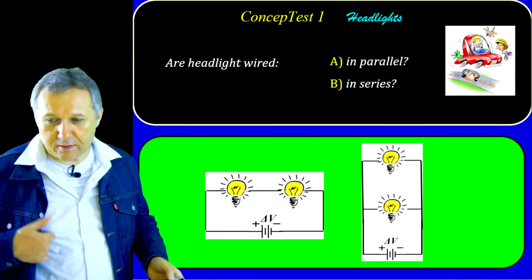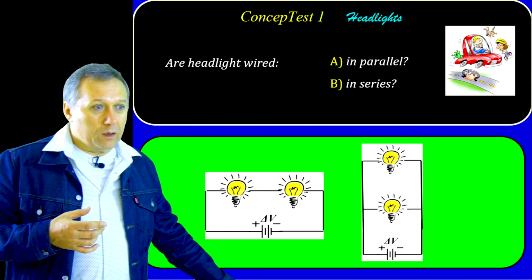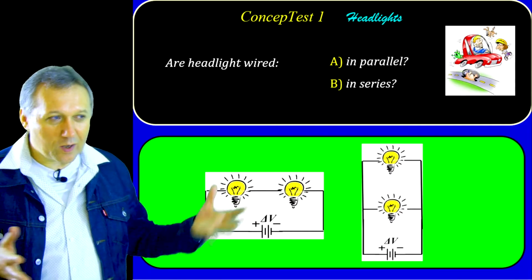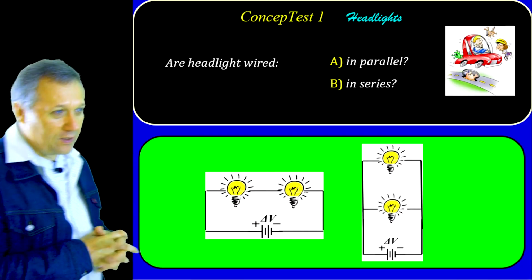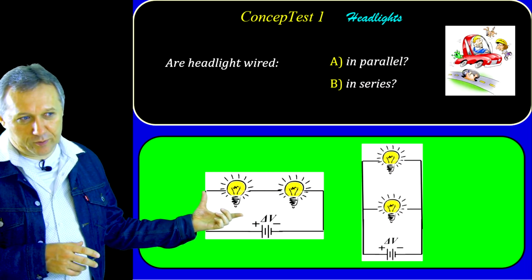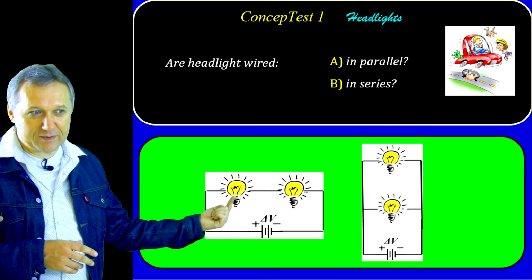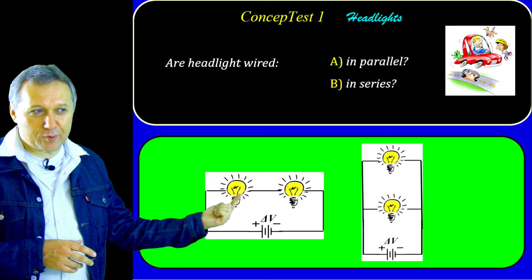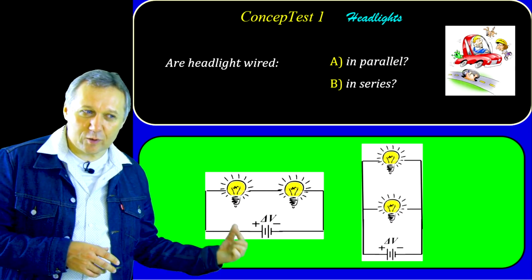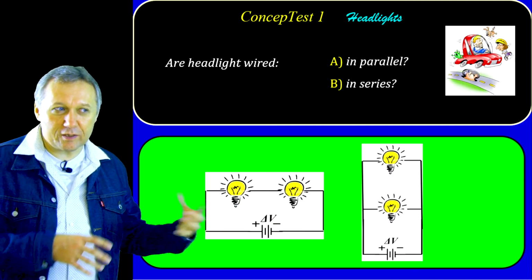Now let me discuss this quickly. Let's assume that this case is used to wire the bulbs. What happens if one bulb, for example this one, gets burned out? Basically, it means that this is the broken filament, and as a result there is only one loop, and this circuit is broken.